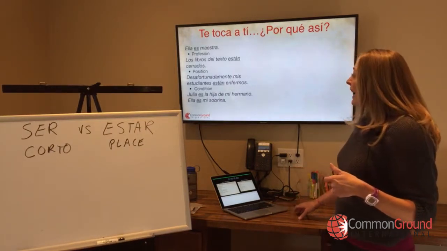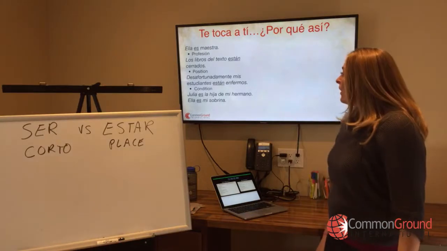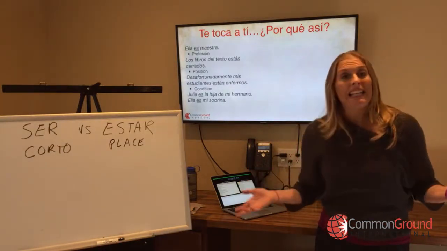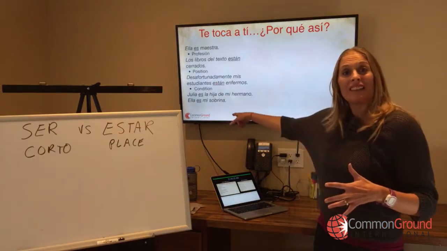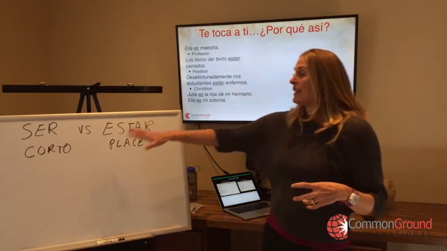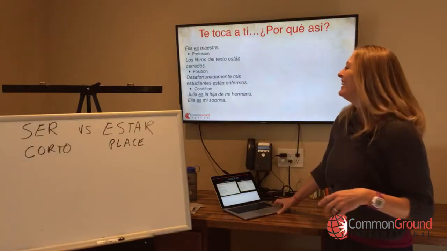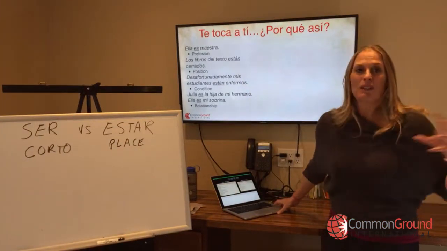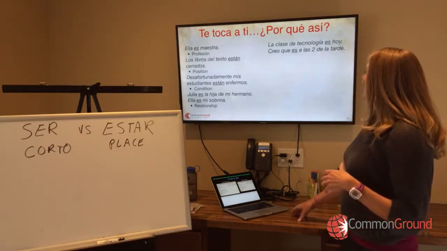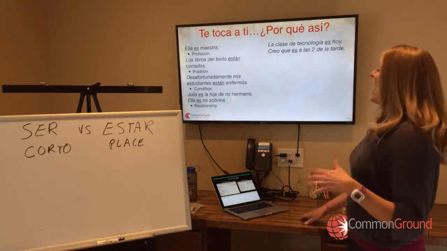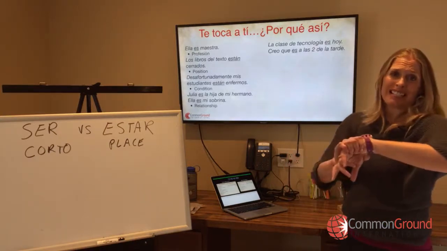Julia es la hija de mi hermano. Ella es mi sobrina. So we're using the verb ser, and the uso of this is in the CORTO for, you got it? Relationship. That's right, you're describing a relationship. Unos ejemplos más. La clase de tecnología es hoy. Creo que es a las 2 de la tarde.